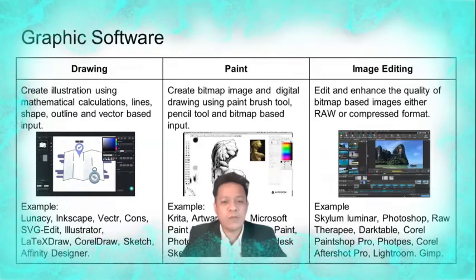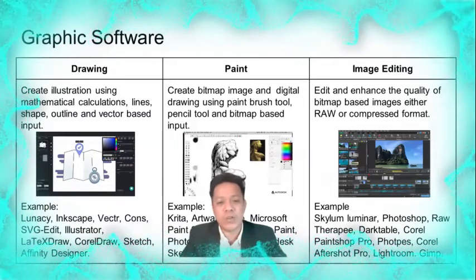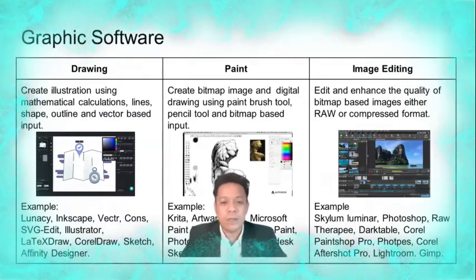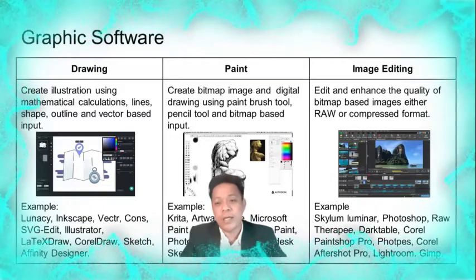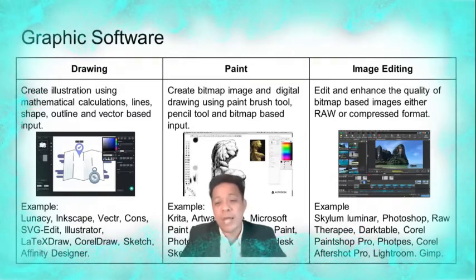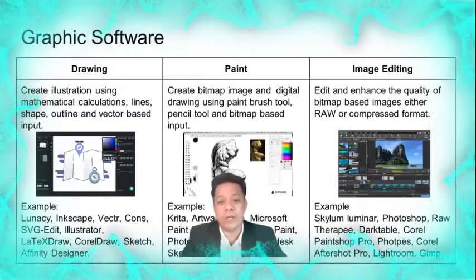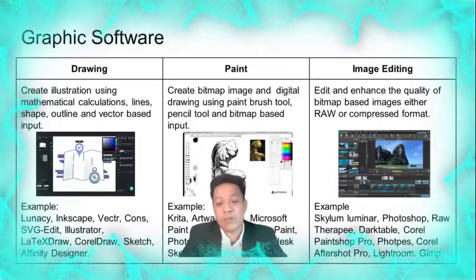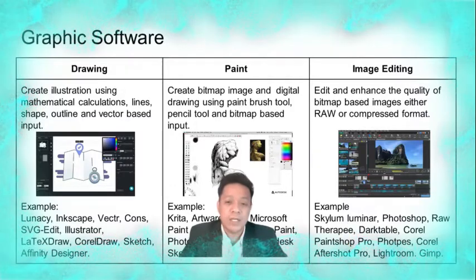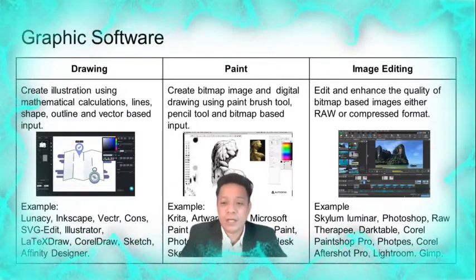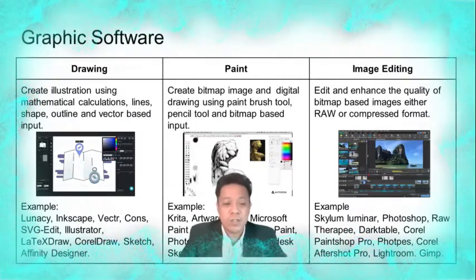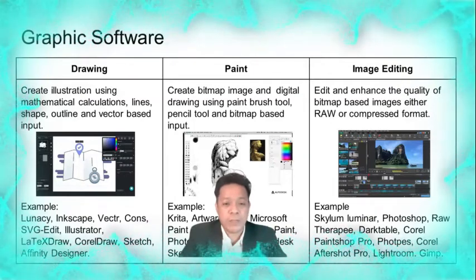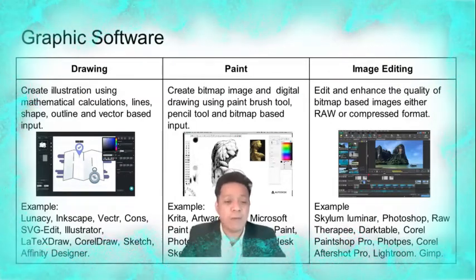For paint, we use bitmap images and digital drawing with paintbrush tools, pencil, and bitmap-based input. And for image editing, we normally edit and enhance the quality of the bitmap image, in either raw format or compressed format. So for specific purposes, different types of software are used.